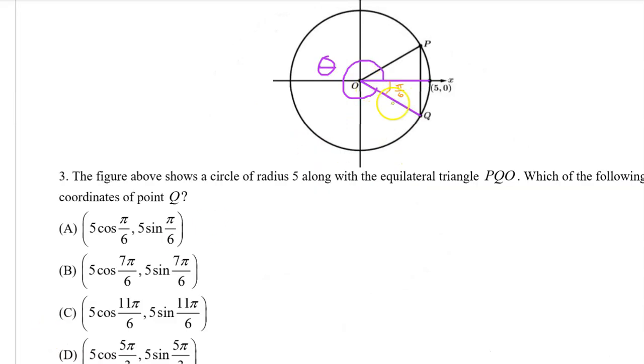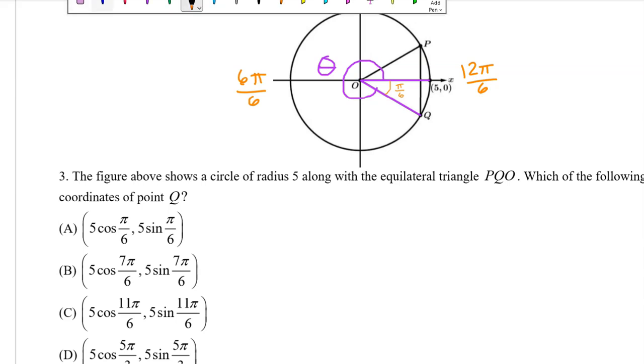The angle between the terminal side and the nearest part of the x-axis is called the reference angle. With this reference angle of pi over 6 in mind, let's think of pi as 6 pi over 6, and let's think of 2 pi as 12 pi over 6. Now we can see that angle theta is one multiple of pi over 6 short of 12 pi over 6.